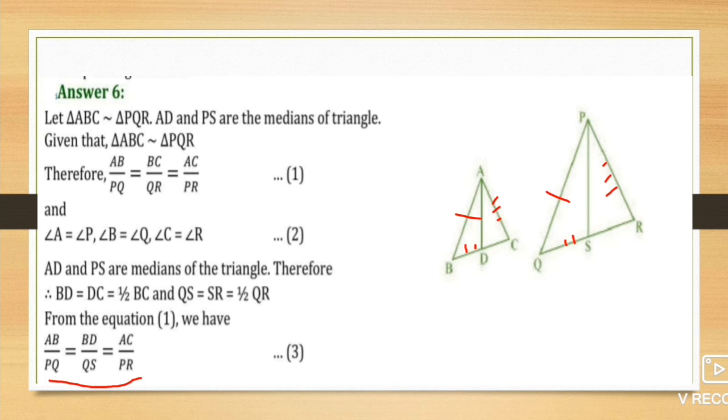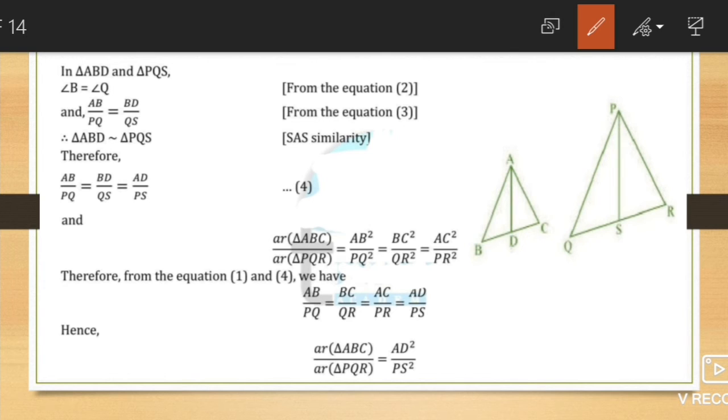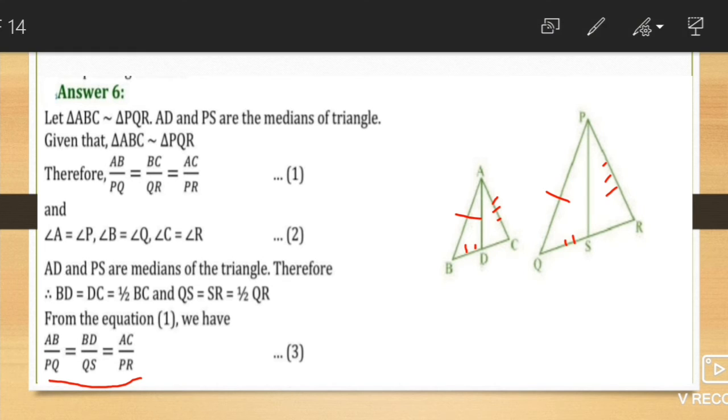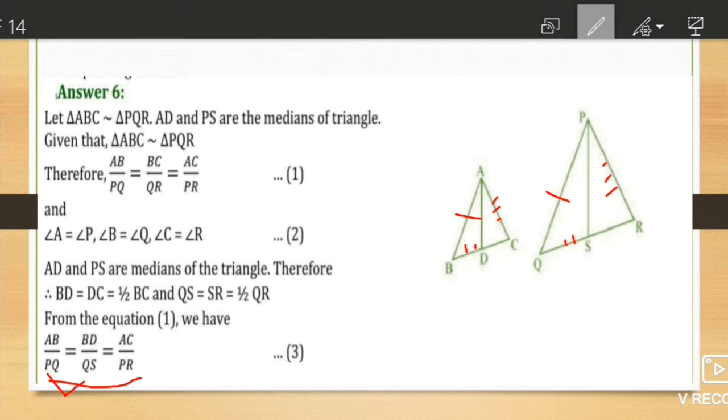Now if you take triangle ABD and triangle PQS, since ABC was similar to PQR, angle B was equal to angle Q, the corresponding angle. And from equation number 3, AB by PQ is equal to BD by QS, if you take the first two ratios of equation number 3.